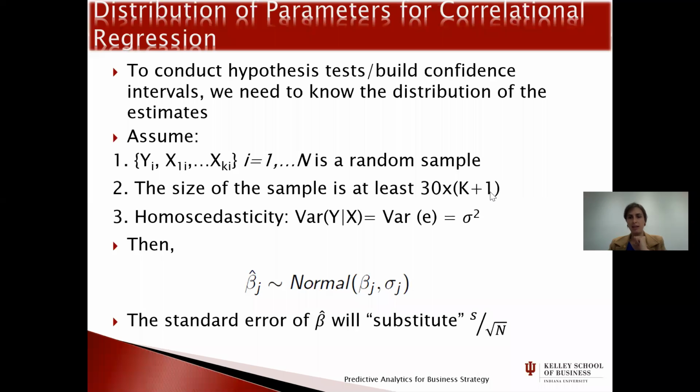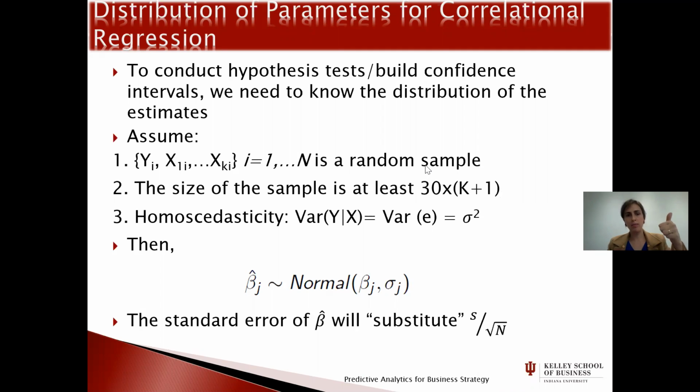You need an extra set of 30, because remember that we're also estimating the constant term, the beta 0 term. So if k is equal to 3, we're going to need 120 observations.